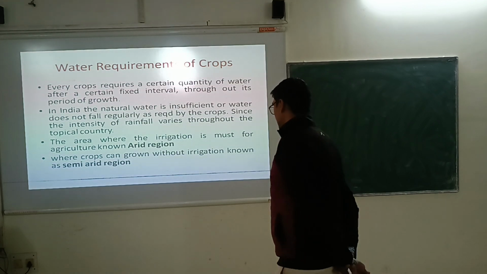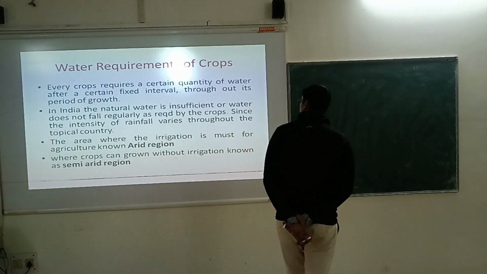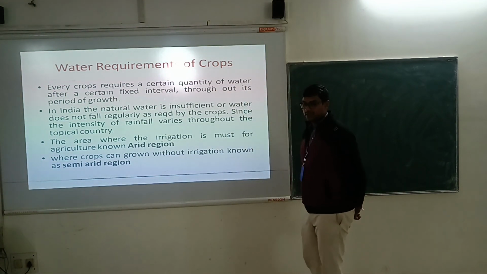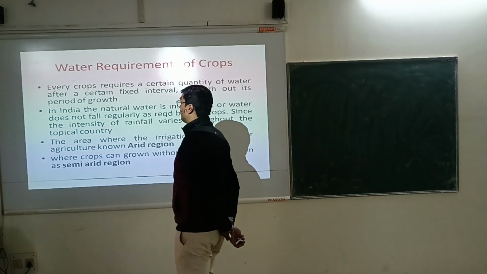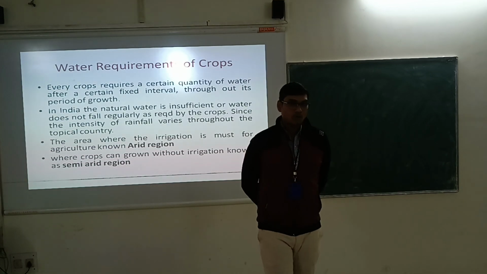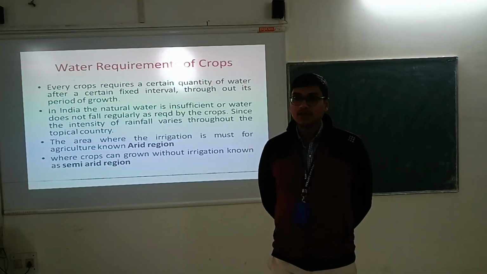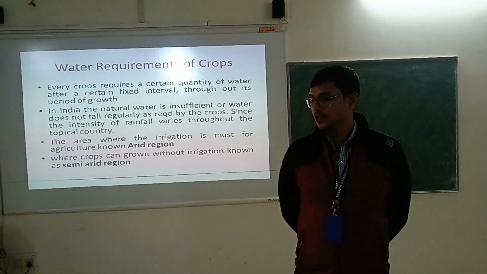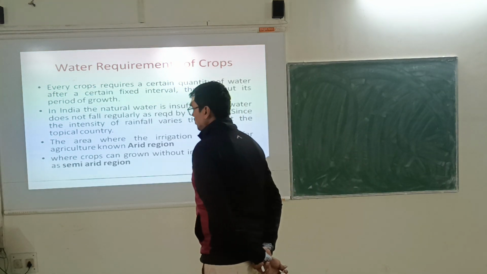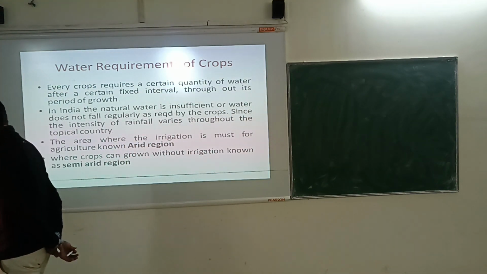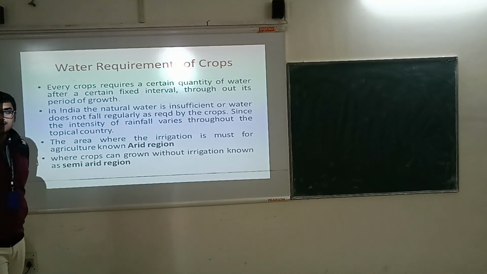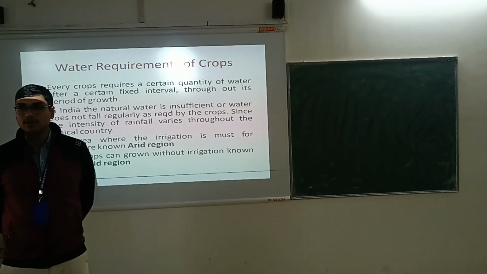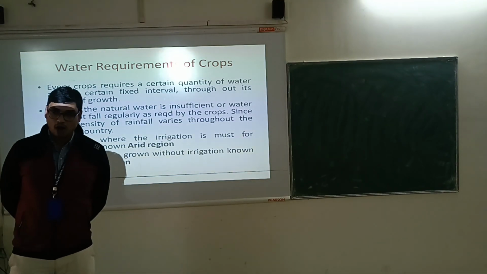The second chapter is the water requirements of crop. First you understand the concept and then write down the important things. So what is the water requirement of a crop? In India, if you have to develop a crop, the basic thing is irrigation, or water, required for developing the crops.